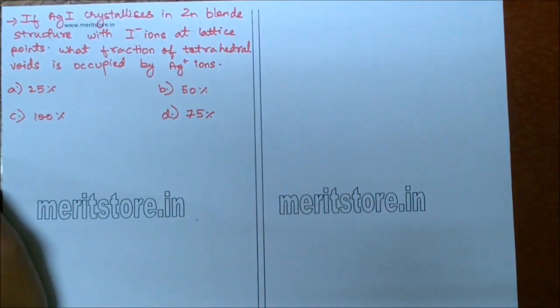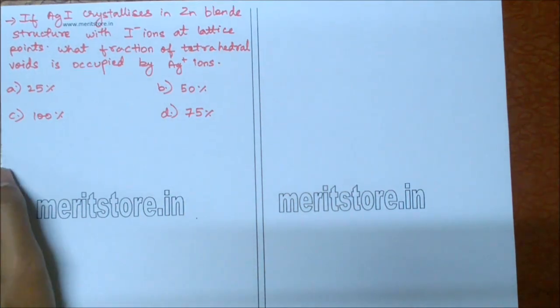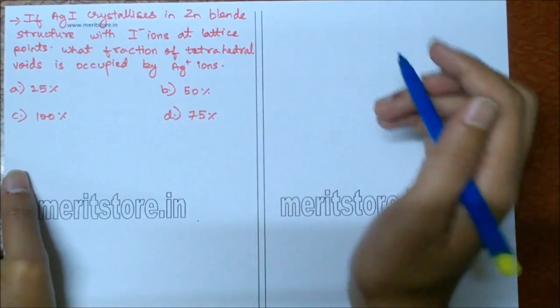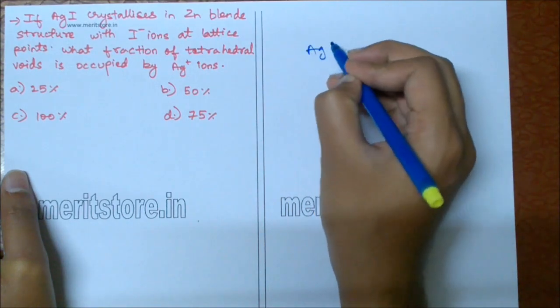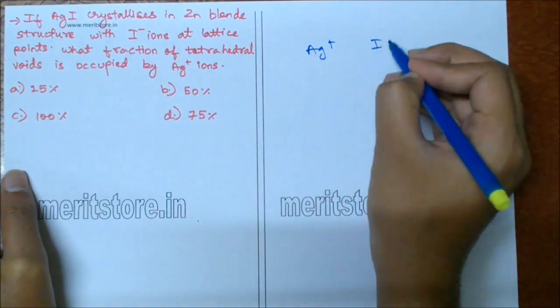If AgI crystallizes in the zinc blende structure with iodide ions at lattice points, what fraction of tetrahedral voids is occupied by Ag+ ions? In an AgI crystal, the number of Ag+ ions is equal to the iodide ions.